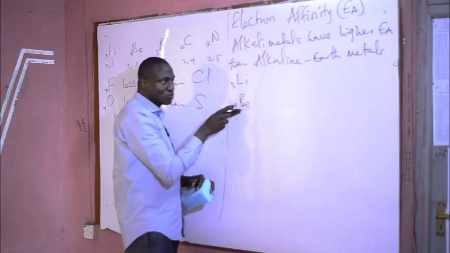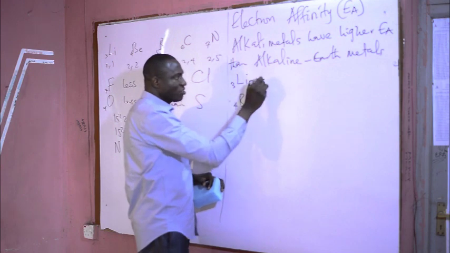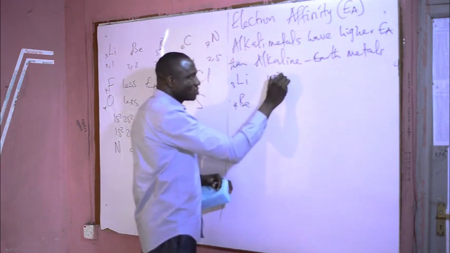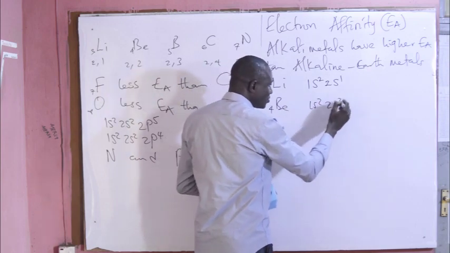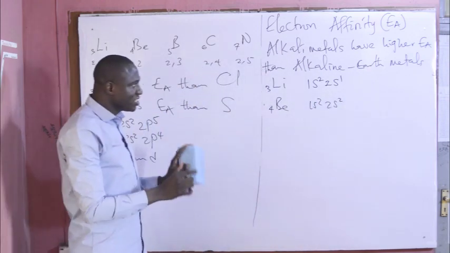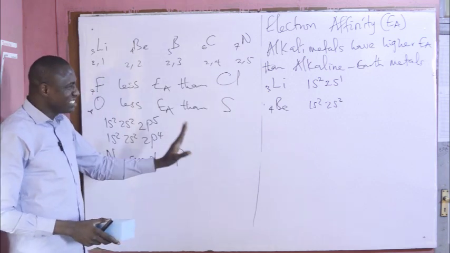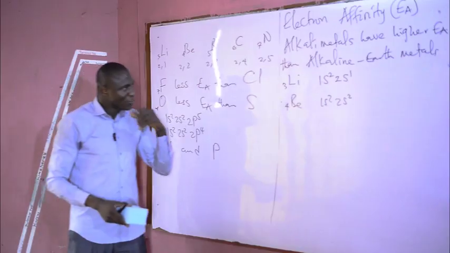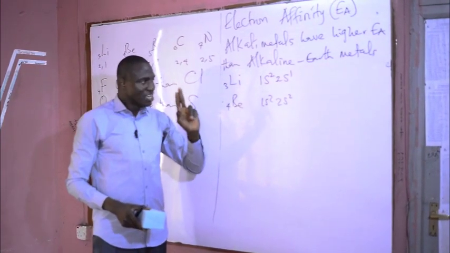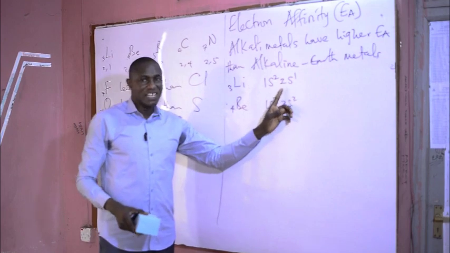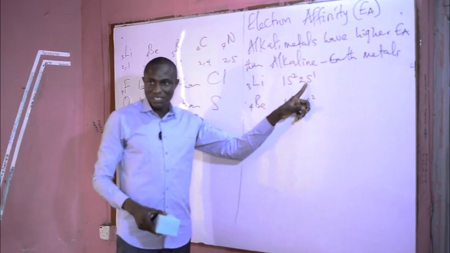Beryllium is in group 2, lithium is in group 1. The electronic configuration of lithium is 1s2, 2s1, while beryllium is 1s2, 2s2. So electronic configuration of an atom is also another factor that may affect its electron affinity. The 2s orbital takes a maximum of 2 electrons. In lithium, that 2s orbital has 1 electron, meaning it can accept 1 more to complete this shell.